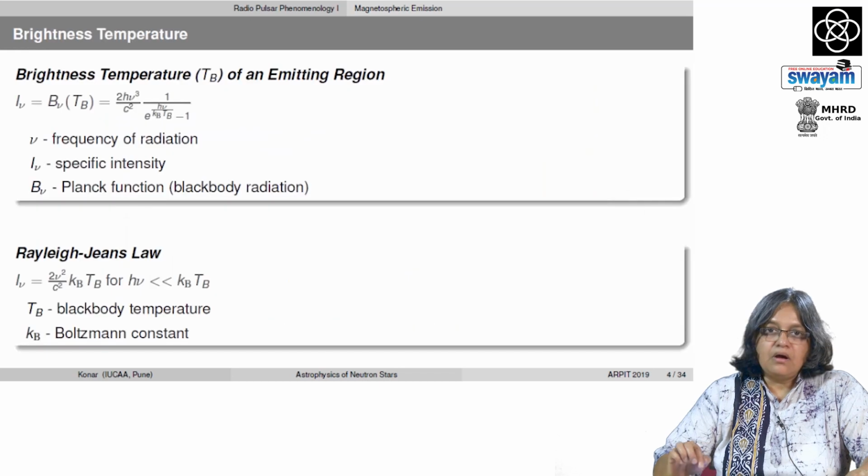So, now let us understand the nature of this emission. For example, for any object emitting radiation, we can naively assume that object to have a black body radiation. In that case, we would equate the intensity of radiation that is being received from that object to the black body intensity of radiation at that temperature.